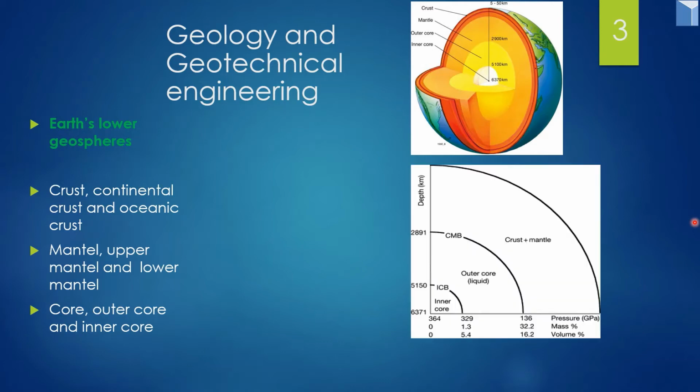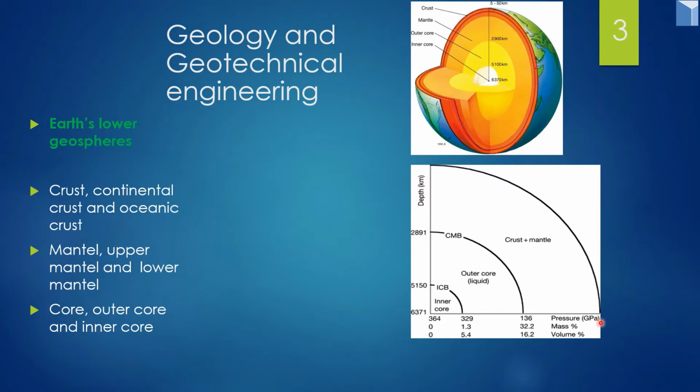The boundaries are shown here in this diagram, and the first boundary is the one separating the crust from the mantle. This boundary is called the Mohorovicic boundary, referring to the person who discovered it and suggested that there is a material state change at this boundary.